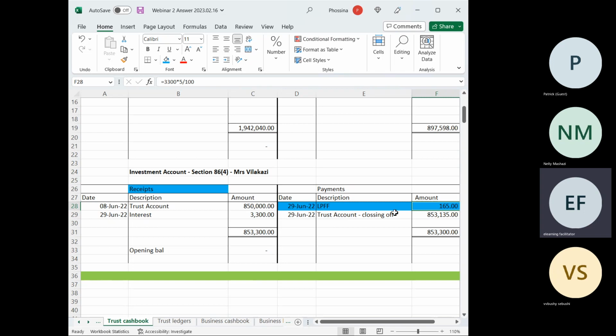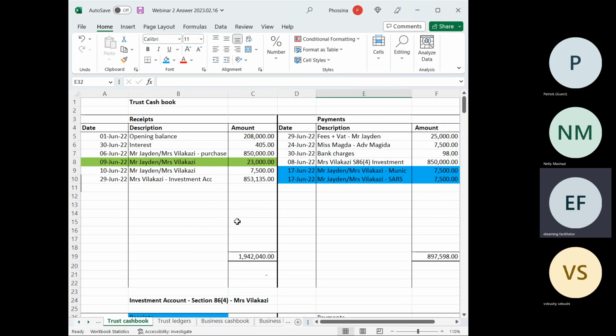So we then just record it in our T account because it's already there. And then the difference is what we transfer to our trust account. We are closing our account. We transfer to our trust account, and then we are closing the investment ledger. So we come to our trust account. There we are.